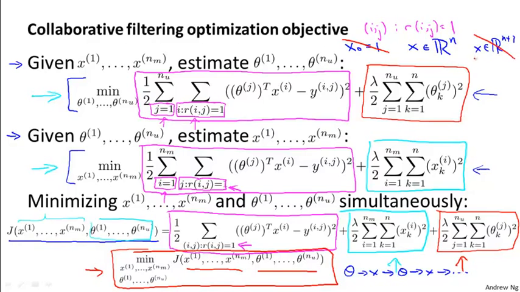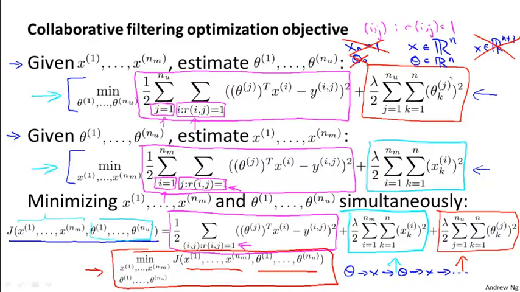By getting rid of x0, we now have just x in Rn. And similarly, because the parameter theta is in the same dimension, we now also have theta in Rn, because if there's no x0, then there's no need for a parameter theta 0 as well.